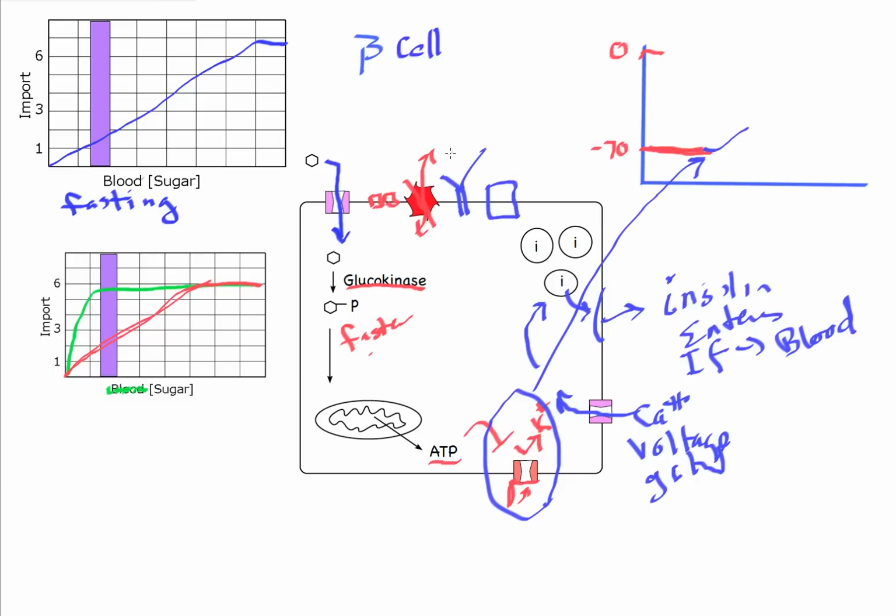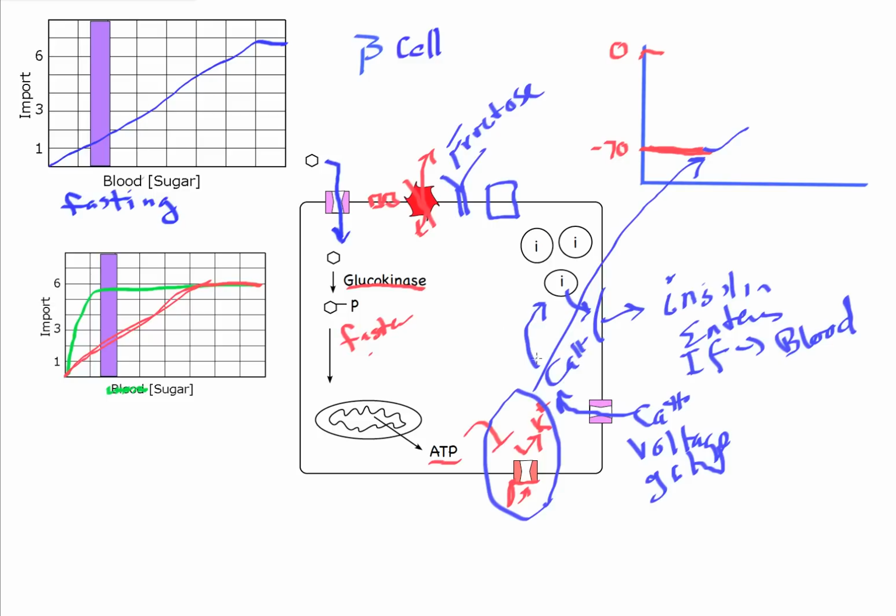Fructose instead is detected by beta cells because they have a receptor, very much like the sweet taste receptor on your tongue. And that fructose doesn't do anything unless calcium is present in these cells.